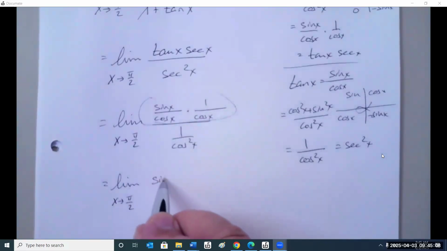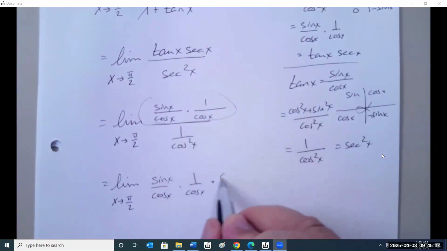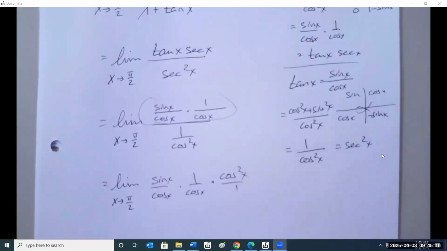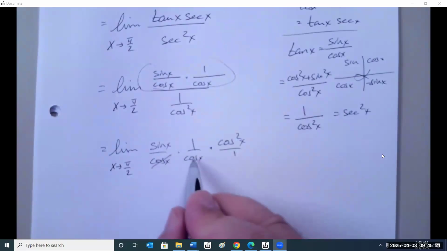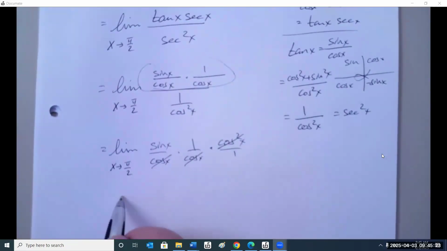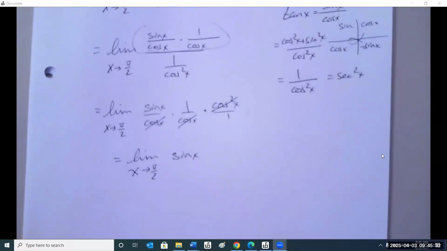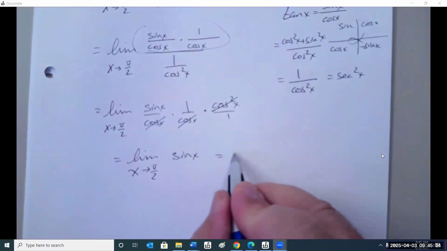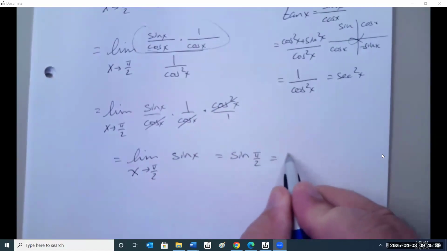I get sine over cosine times 1 over cosine and flip the bottom: cosine squared over 1. So the two cosines cancel, and we're left with just sine x. Sine at pi over 2 is 1.